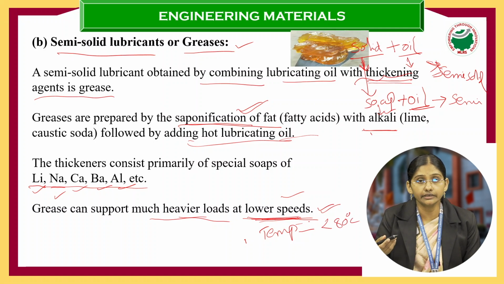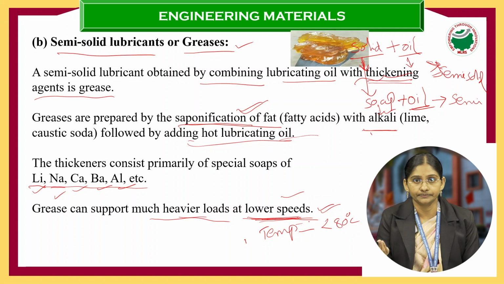If the machine is above 80 degrees centigrade, we cannot use this semi-solid lubricant. Why? Because if the temperature is more, sometimes it converts into liquid, and such a liquid lubricant we cannot use in these types of machines.